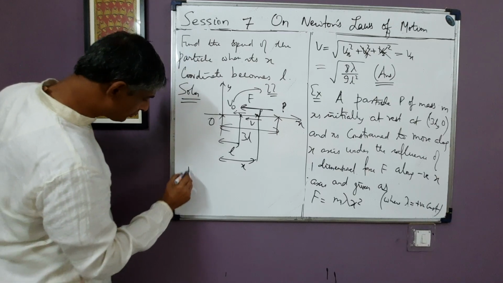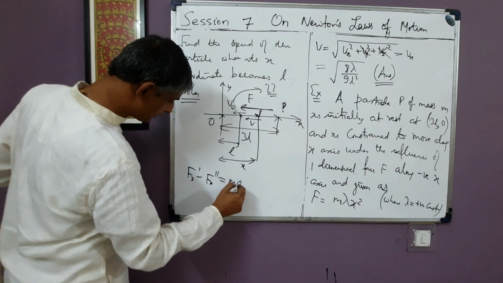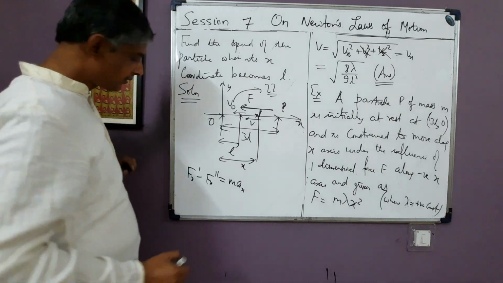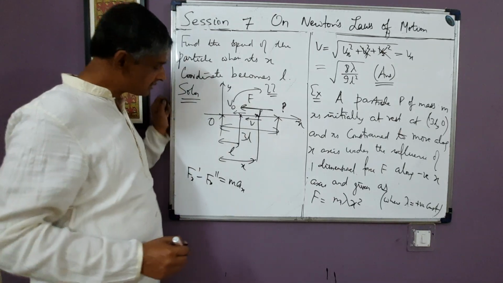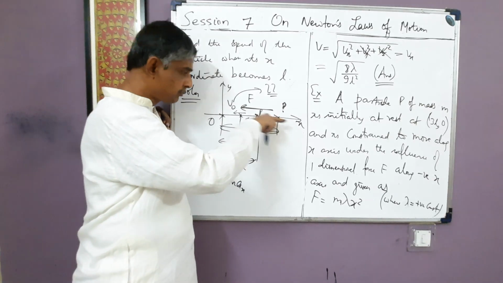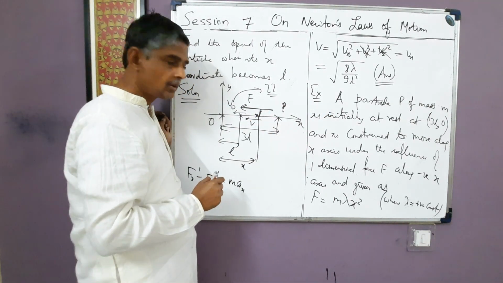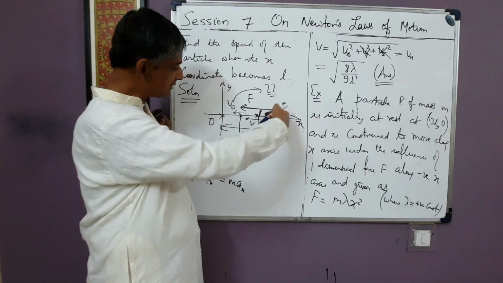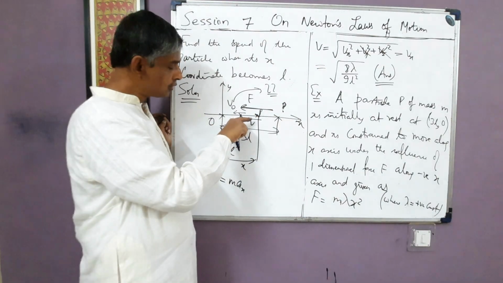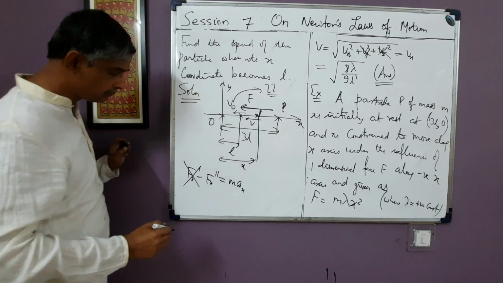So I write the equation: Fx dash minus Fx double dash equals m times ax. Now what is Fx dash? Fx dash is the sum of x components of all the real forces on the particle which point along the positive x direction, making an acute angle with the positive x direction. There is only one force on point P, and it is along the negative x direction. So there is no force on the particle which makes an acute angle with the positive x direction, and this term becomes 0.